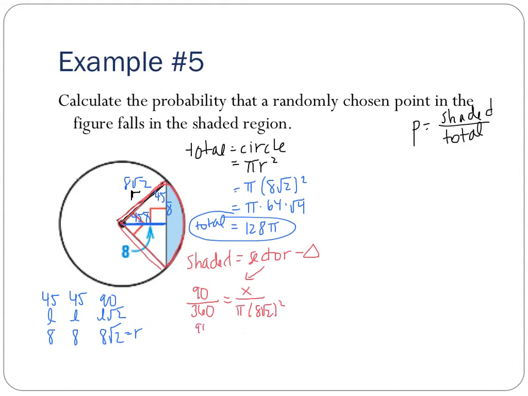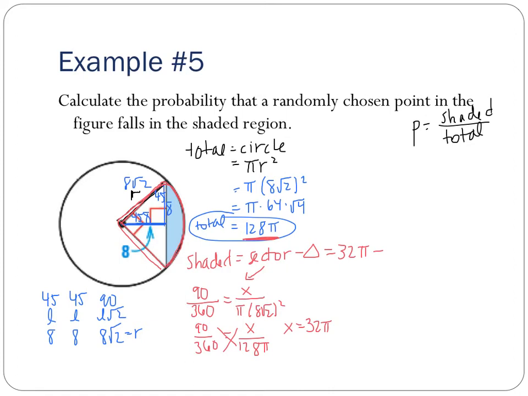So this ends up being 90 over 360 equals x over, we already found the area of the circle up here in the total, 128 pi. And then I'm going to do cross products. After my cross products, I get the area of the sector to be 32 pi.